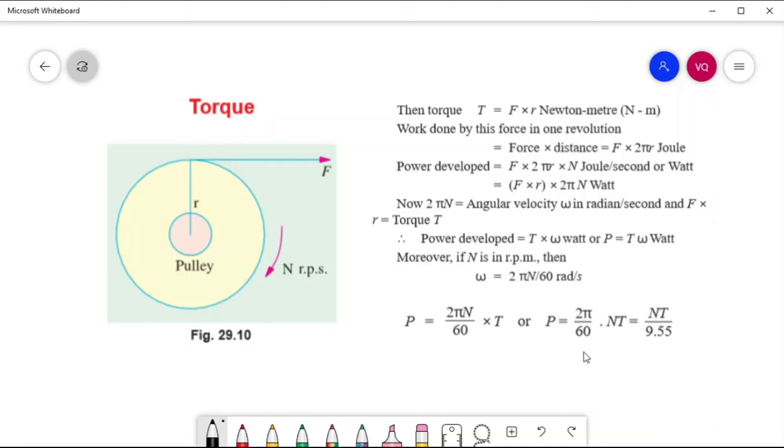In terms of torque naman, T is equal to 9.55 times power developed divided by N. So, power developed natin sa previous topic natin or previous discussion, it is equal to EB IA.